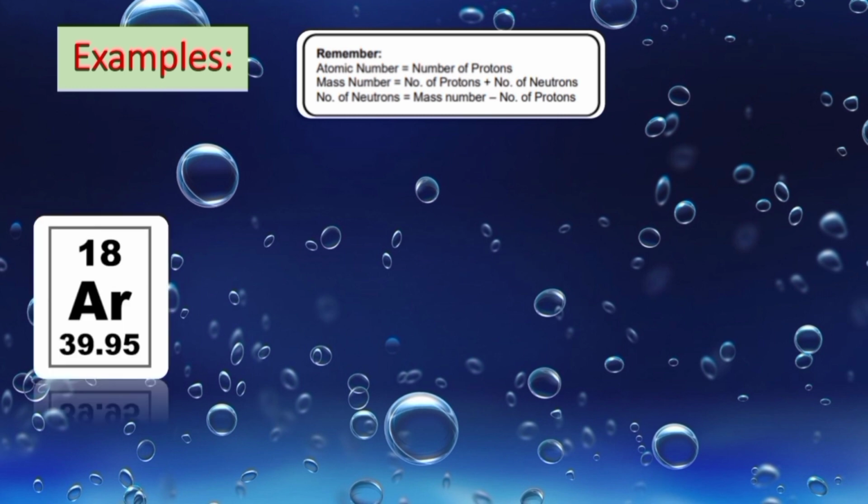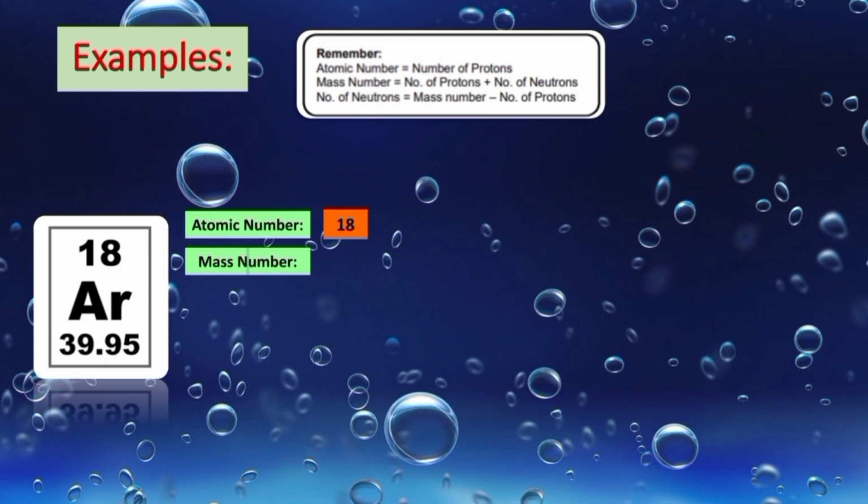So, for example, here we have Ar or argon, atomic number 18, and 39.95 as the atomic mass or mass number. So, ang atomic number natin ay 18, and mass number natin is 39.95. I-round off natin. So, we have here 40. Ilan ang protons? The answer is 18 din. Why?